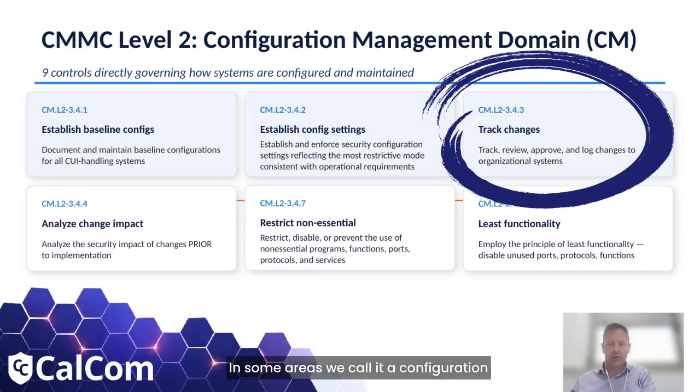In some areas, we call it configuration drift, which means what can happen to the system's configuration as it is currently managed in production. But here CMMC is coming and saying you don't just need to enforce or establish a baseline or secured configuration. You also need to track the changes and have a full audit log of this.